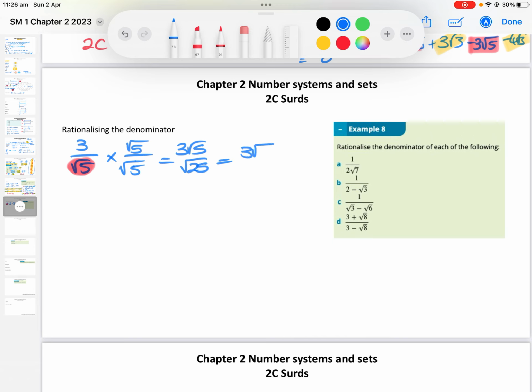So see how now all we've done is we've effectively times by 1. So we haven't changed the value, but we've been able to rationalise that denominator, make it not a surd anymore, but an integer.